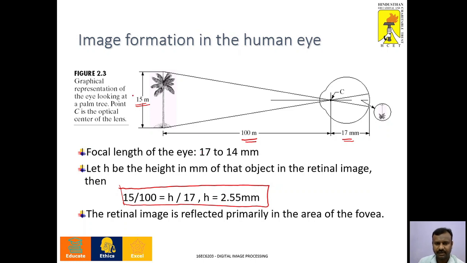That is, height divided by distance. 15 by 100 equals the height in fovea divided by this distance of 17 mm, which gives approximately 2.5 mm. So this is how the image is formed inside the eye.